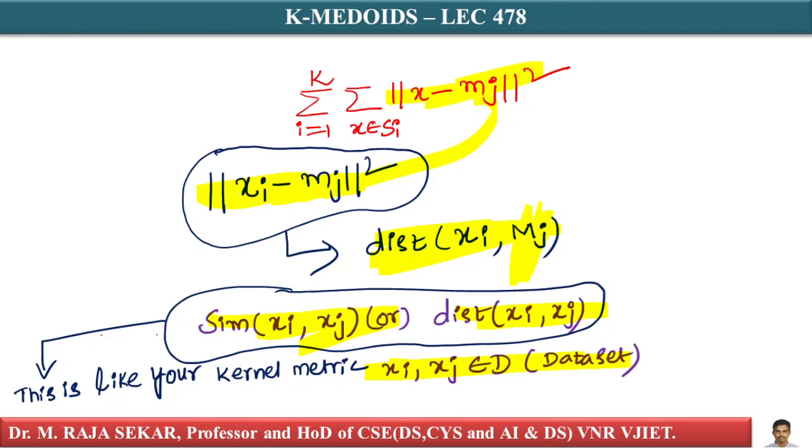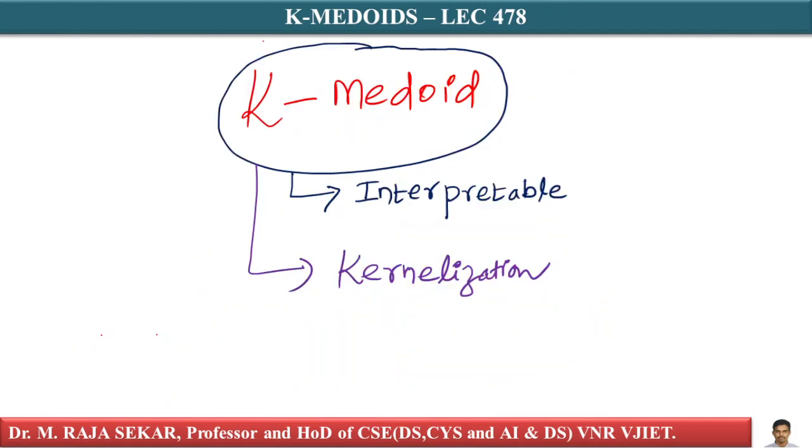The big and massive advantage of K-medoid is, of course, that it makes life better because it is interpretable. But additionally, it lets us have kernelization.